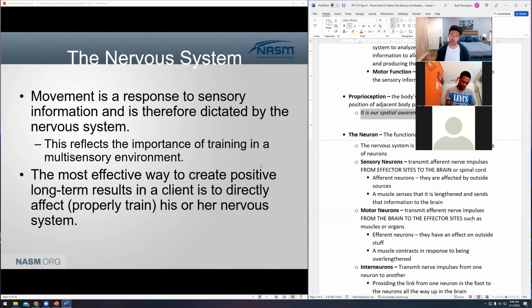So my brain will go, oh, well, if I can't stretch any further, I'll stop lengthening the muscle. I'll let that muscle stay in that contracted position because obviously it can't stretch any further. The muscles wouldn't lie to me, right?